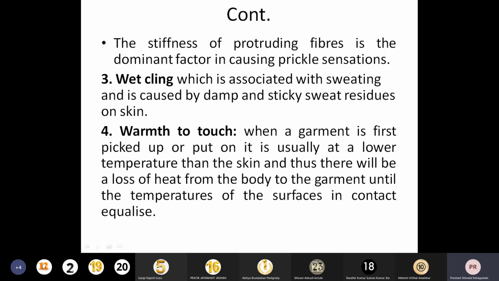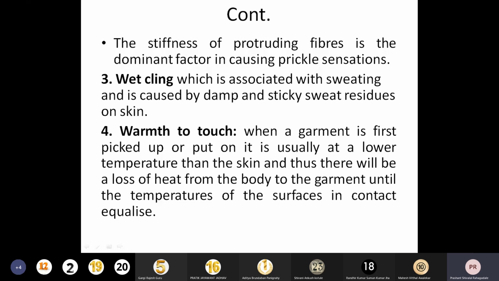So what happened here? Simple thing will happen. The heat from the body will be transferred, or we can say there will be loss of heat from the body to the garment.